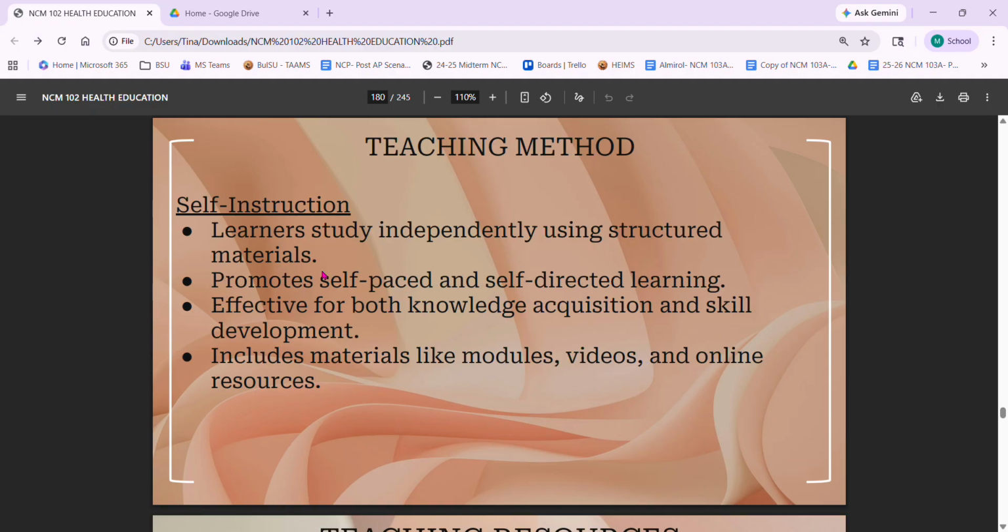Okay? Self-instruction. Okay, learners study independently using structured material. So, you promote self-paced and self-directed learning. So, effective siya both on knowledge acquisition and skill development kapag self-instruction. It includes materials like modules, videos, and online resources.